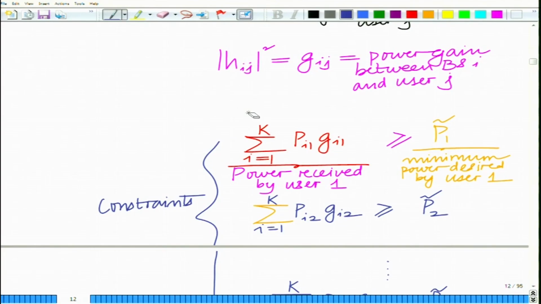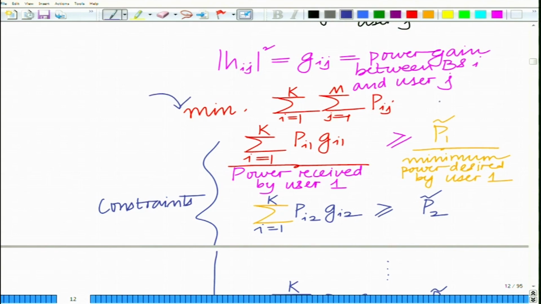So, the objective function can be to minimize the summation i equal to 1 to k, summation j equal to 1 to m, summation over all base stations, summation over all users Pij, that is the power transmitted by the base stations to all users. So, this is your linear objective.